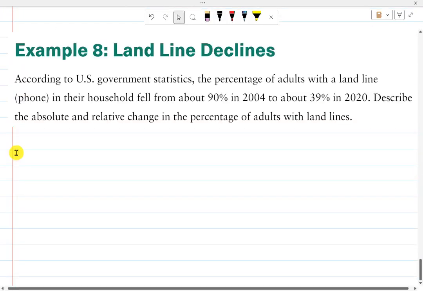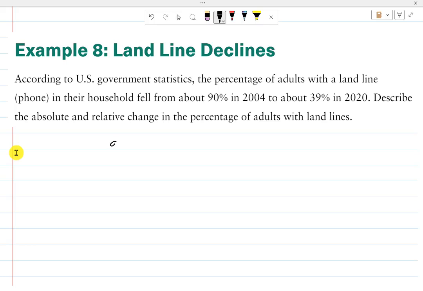This problem tells us how landline usage has fallen in this country. It used to be that 90% of households had a landline in 2004 compared to just 39% in 2020. So the new value is 39%, the old value is 90%. When we look at the absolute change, we're going to take our new value, 39%, and subtract our old value.